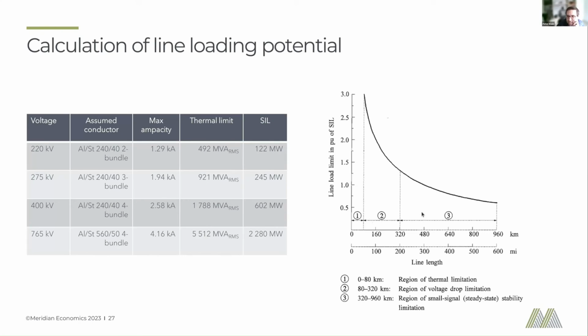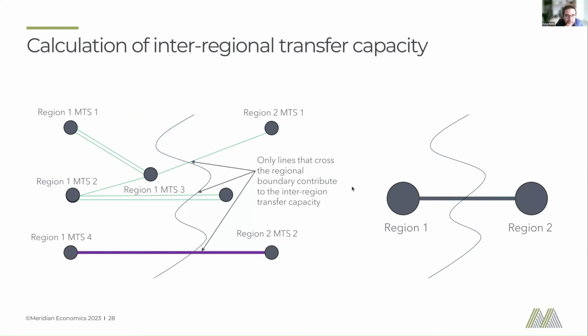Then you have regions where voltage drop and stability limitations apply. So we basically have this curve within the model, and it looks at the length of lines and calculates what percentage of SIL is available for each line. So here is a very simple worked example of how we would do this.